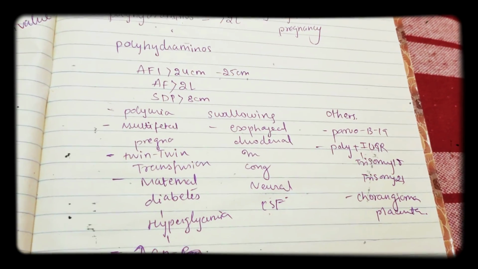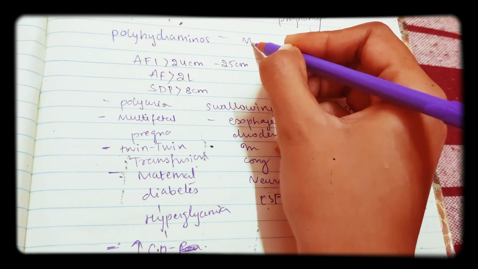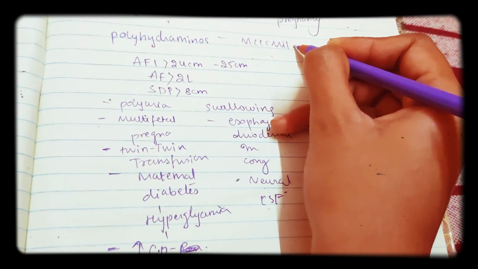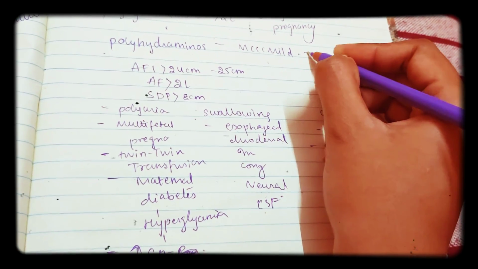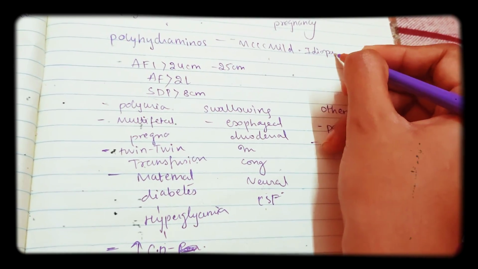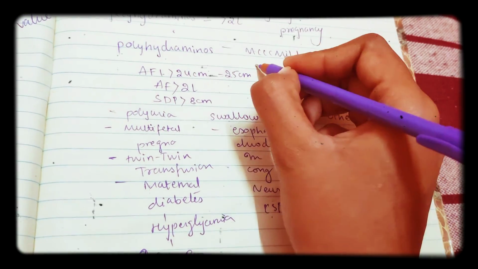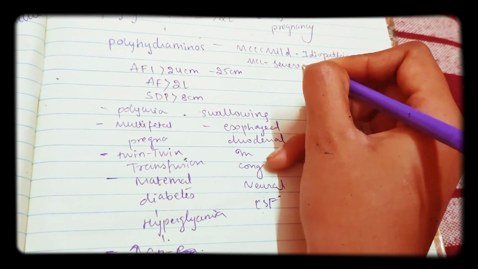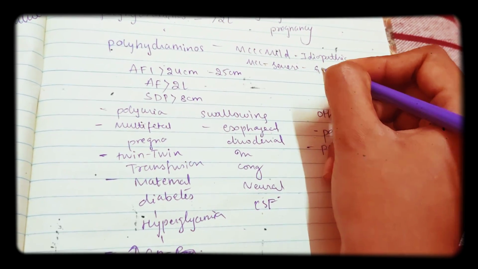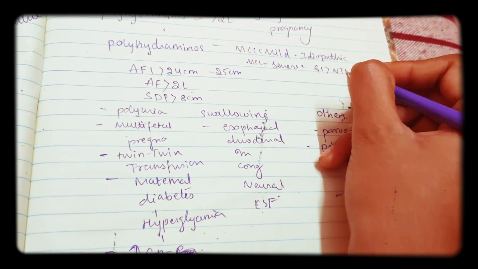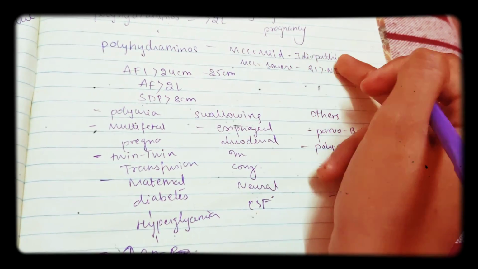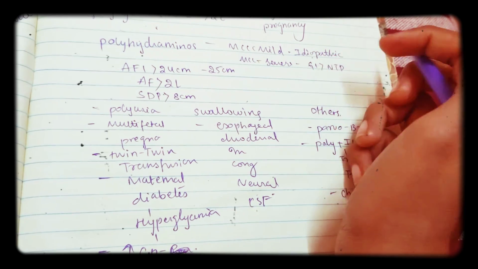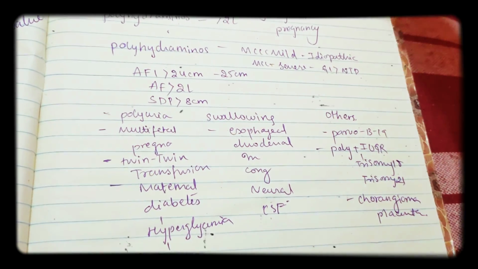What is the most common mild cause of polyhydramnios? That is idiopathic. And what is the most common cause of severe polyhydramnios? That is GI anomalies, greater than NTD. So most common mild is idiopathic, most common serious is GI anomalies greater than NTD.